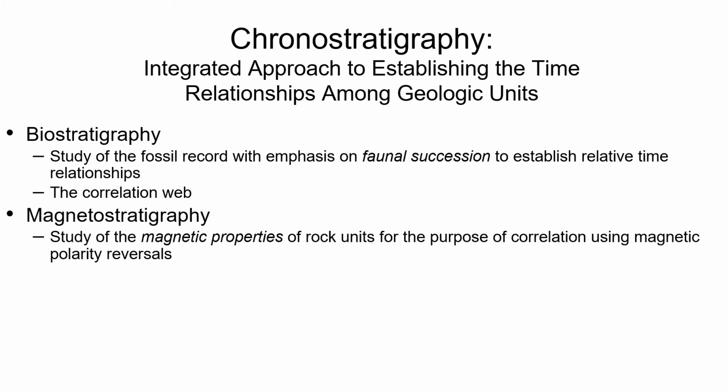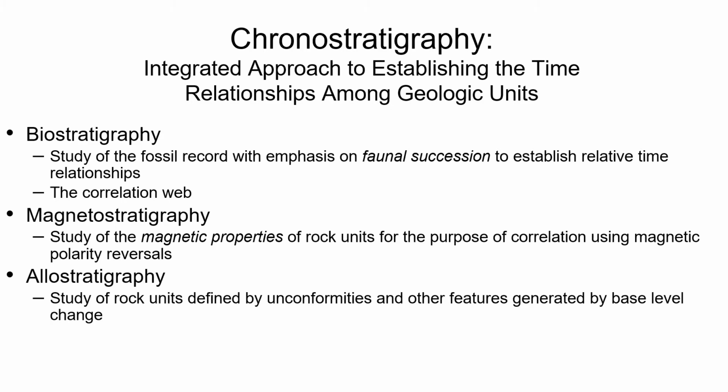So magnetostratigraphy is pretty instantaneous and very detailed, while with biostratigraphy you're at the mercy of the stratigraphic range and chronological range of an organism, while magnetostratigraphy is rather instantaneous.